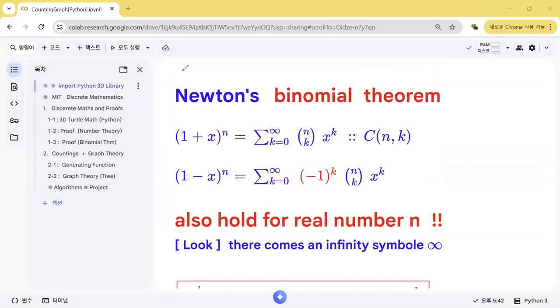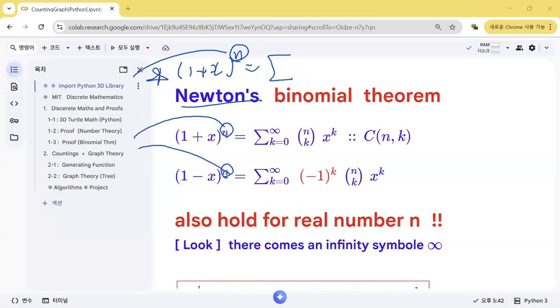Until then, we studied (1+x)^n like this one. But this n must be an integer. This is the classical binomial theorem. But now Newton generalized the classical binomial theorem and said this n may be any real number, any number.